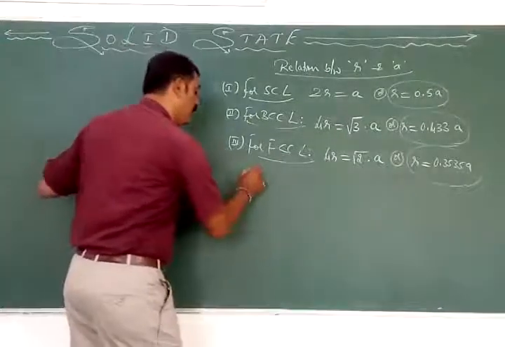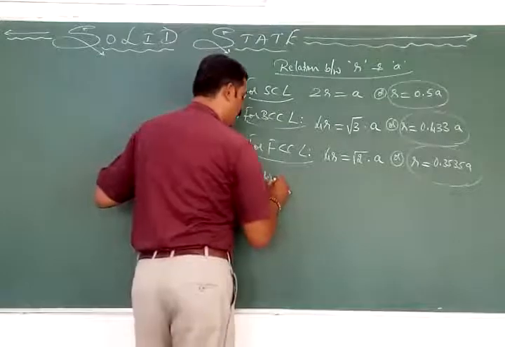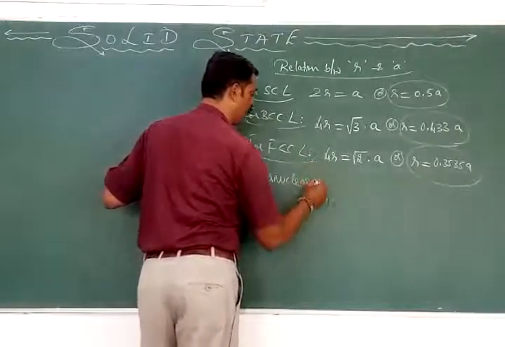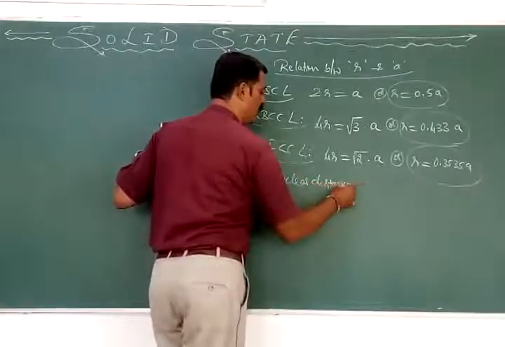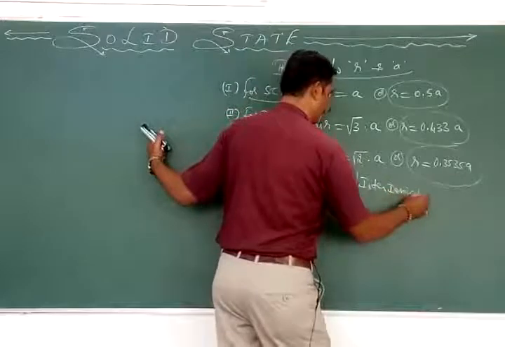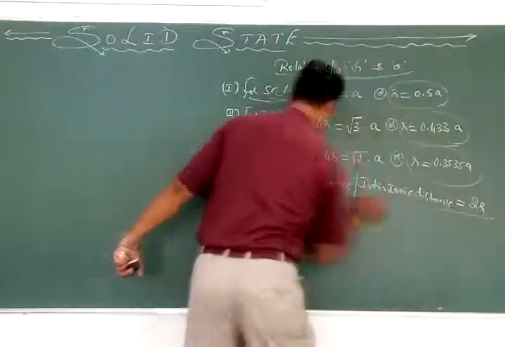Similarly, the internuclear distance, or if it is an ionic crystal, the inter-ionic distance, is given by 2R.